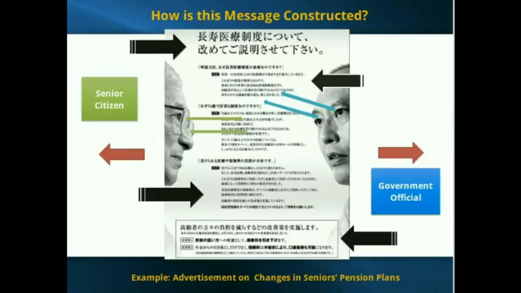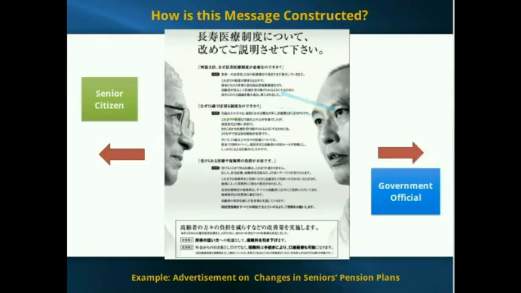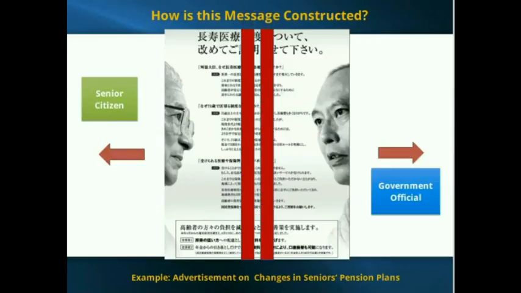This might communicate to the intended audience a gulf between the government spokesperson who is trying to explain and the recipient, the senior citizen, and could potentially work against appreciation and understanding of the change.